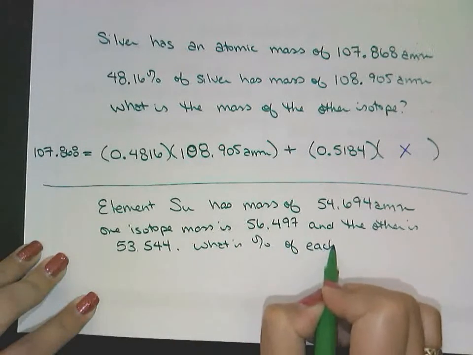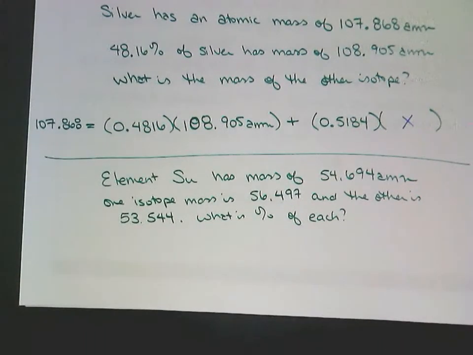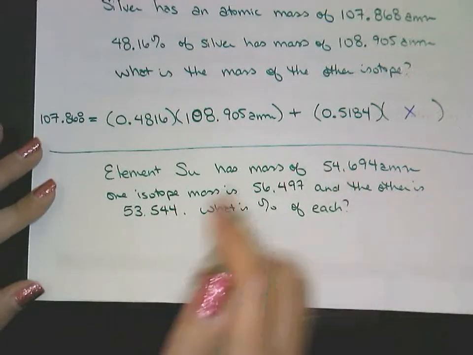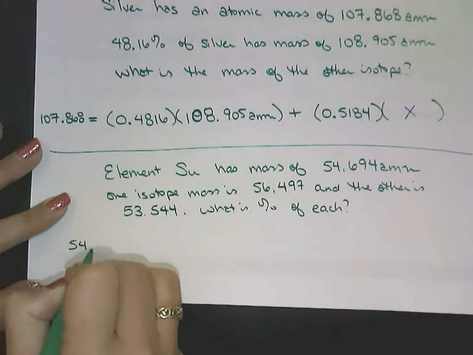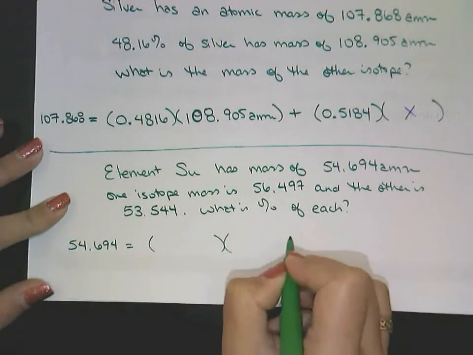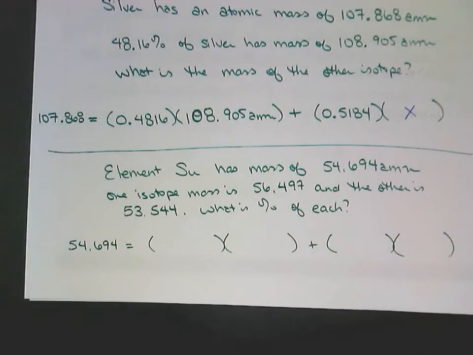All right, so let's say I have two masses, and I know the final thing. So we'll set it up like we have up here. So here's my final mass. Okay, so I know for sure into two of these parentheses I put the masses.